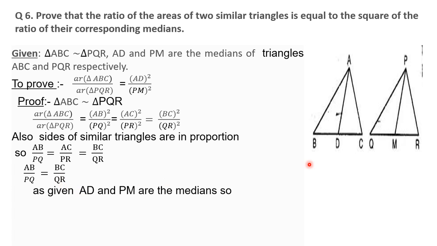As it is given, AD is the median and PM is also the median. So we know that the median of a triangle divides the opposite side into two equal parts. Now, as in this triangle, AD and PM are the medians, D is the midpoint of side BC and M is the midpoint of side QR.